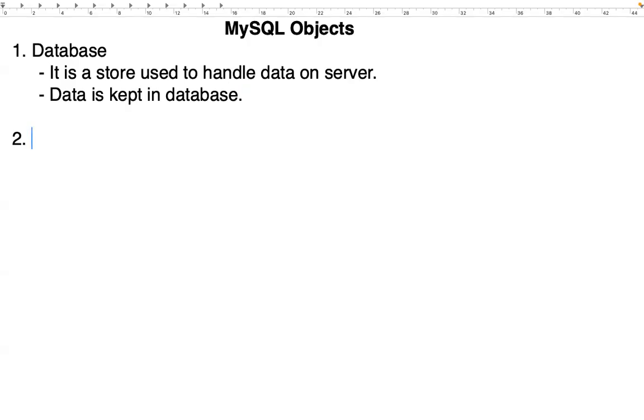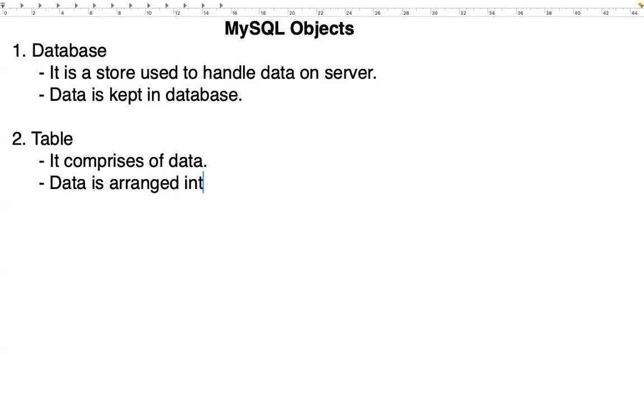Now in MySQL, inside a database, data is present in tables. So we have tables. A table comprises data. The data is arranged into rows and columns.